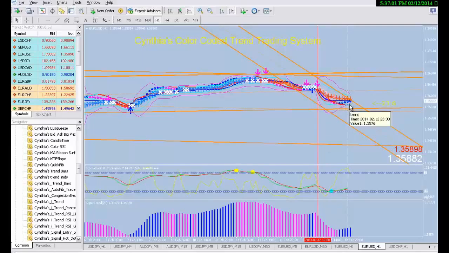But if the trend slope turns to red and the non-lag dot turns to hot pink, and these bars would be turning to hot pink also, then somewhere in here you would have your down entry, your sell entry.